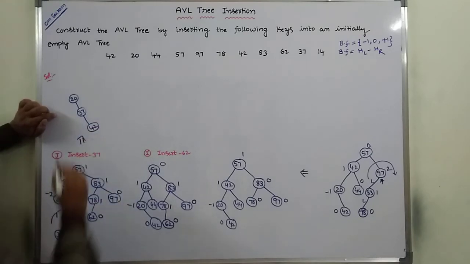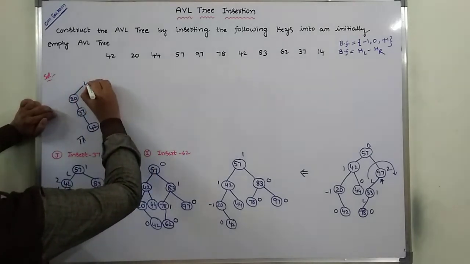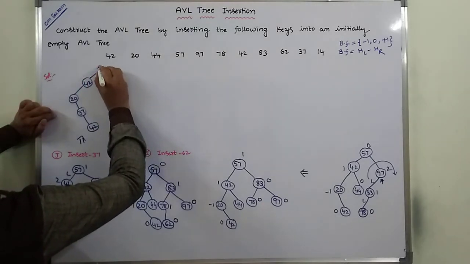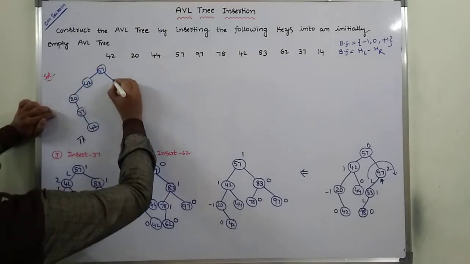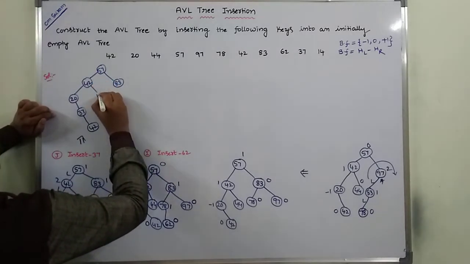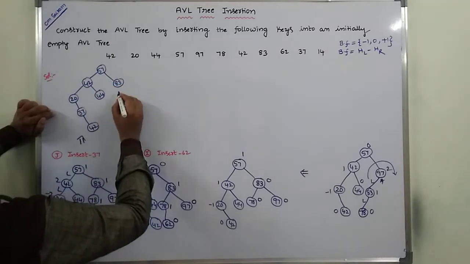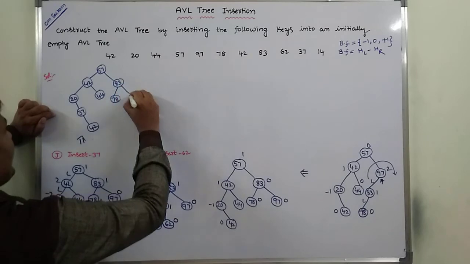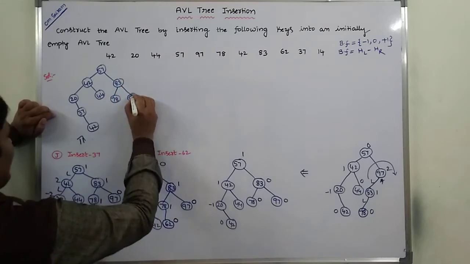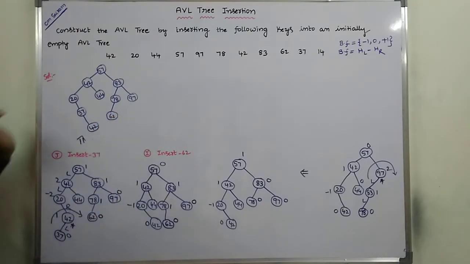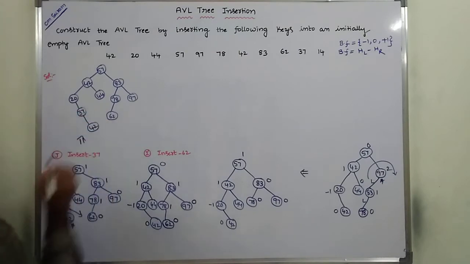Okay, so next this is 42 and this is 57 and this is 83 and right child is 44 and 83 left child is 78, 83 right child is 97 and this is 62. Okay, after performing the right rotation, now we are getting this one.